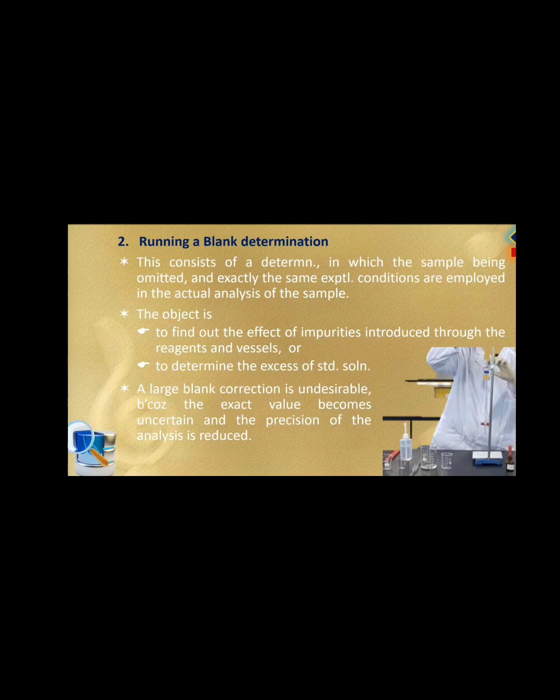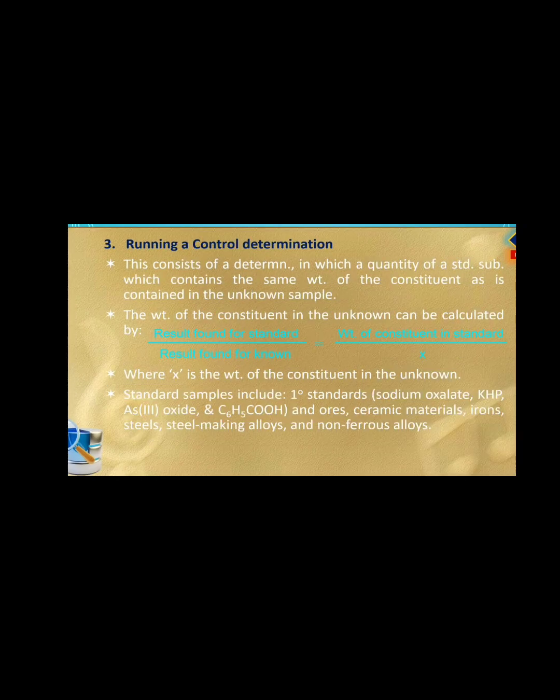The object is to find out the effect of impurities introduced through the reagent and vessels, or to determine the excess of standard solution. A large blank correction is undesirable because the exact value becomes uncertain and the precision of the analysis is reduced.